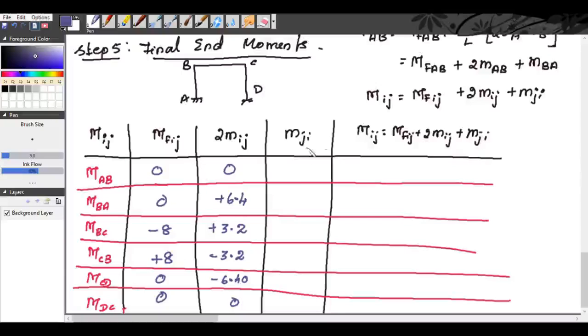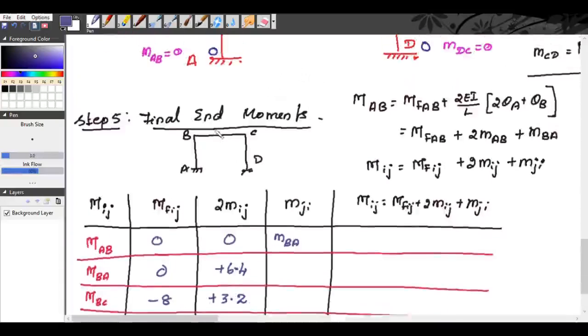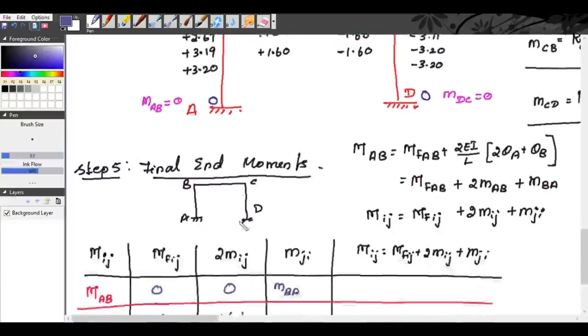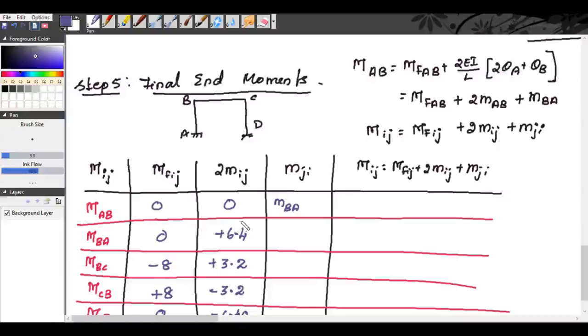Now MJI means it is MBA. So MBA is plus 3.20, plus 3.20. Here it is MAB.